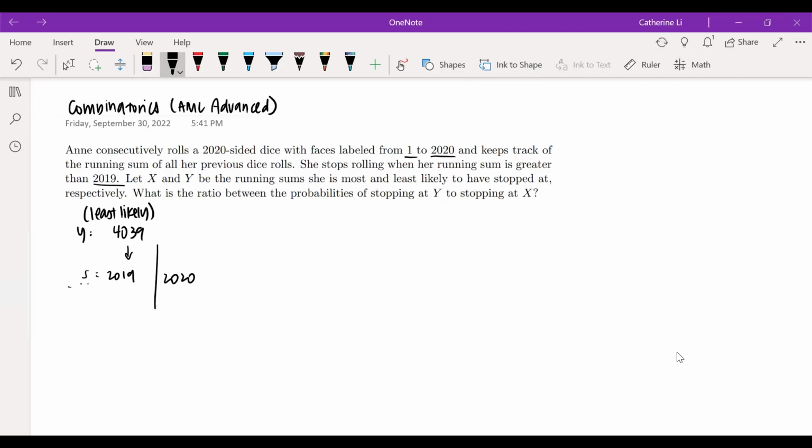Okay, I don't think I explained that very well, but intuitively, 4,039 is the least likely because we're getting a sum of at most 2019, and then the last roll is at most 2020. So 2019 plus 2020 is the only way that we're going to get a running sum of 4,039 in the end.